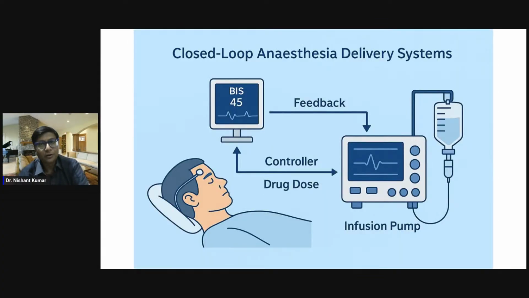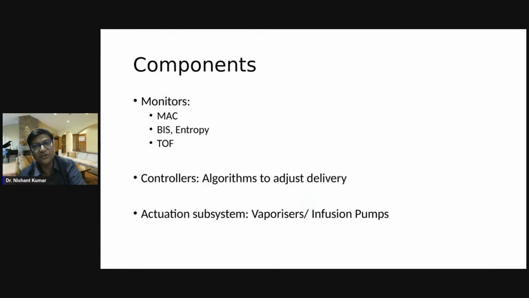So, now if you see this, basically what it means is that we have a monitor which gives a feedback to the controller, which adjusts the drug dose, which is ultimately delivered to the patient. So, the components of a closed loop anesthesia delivery system would be monitors, which will provide the patient feedback to the machine.